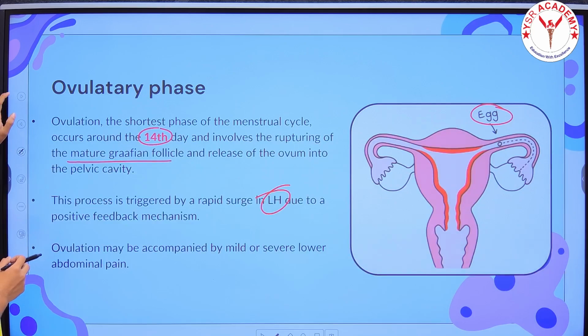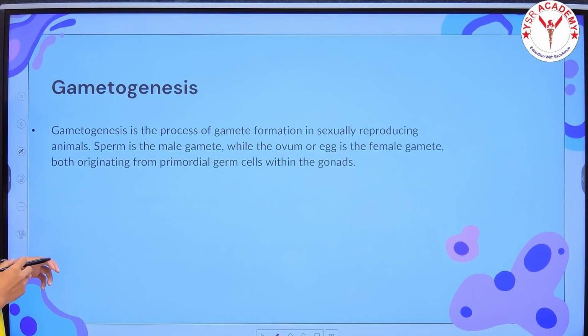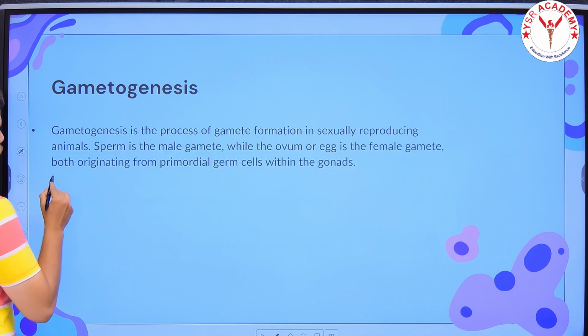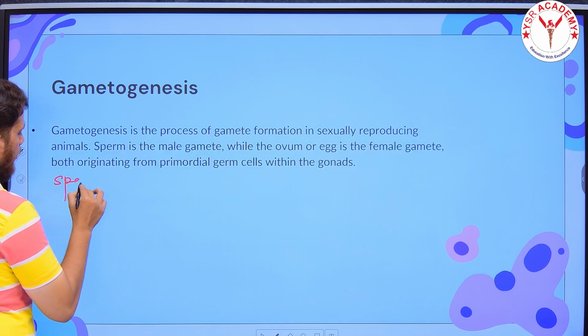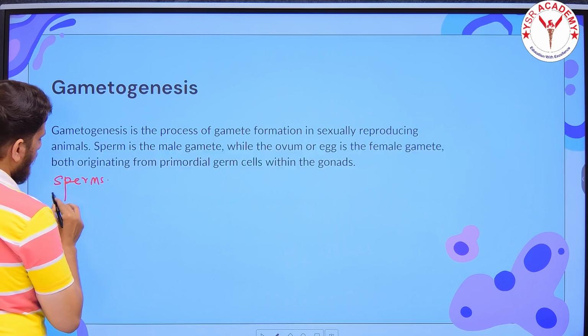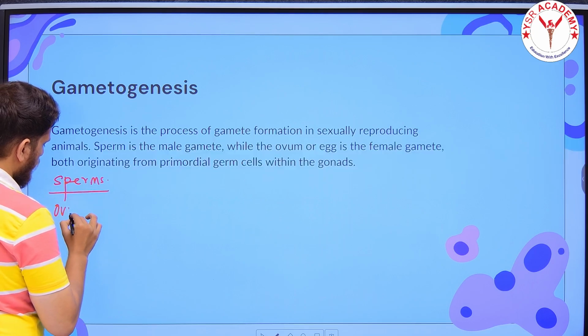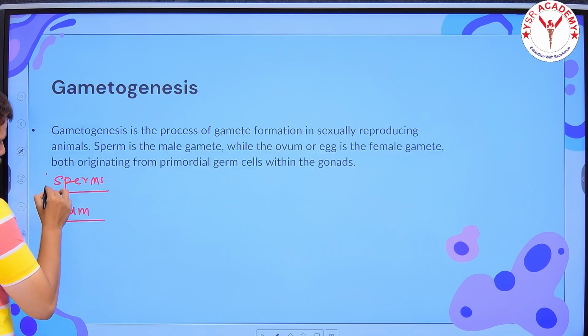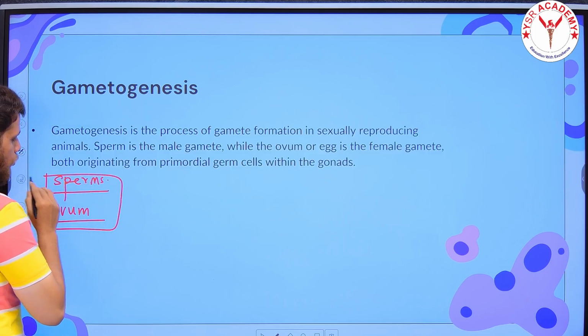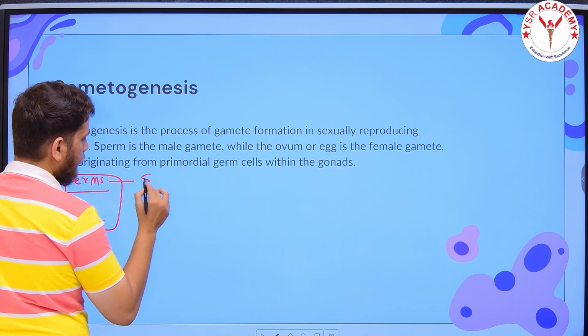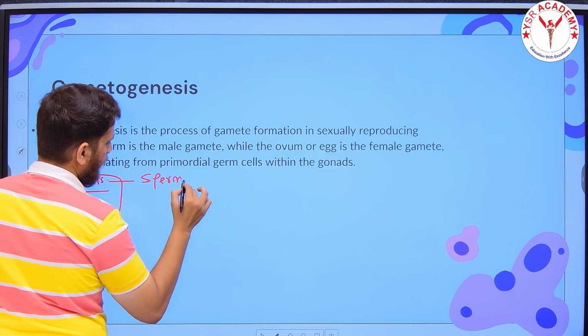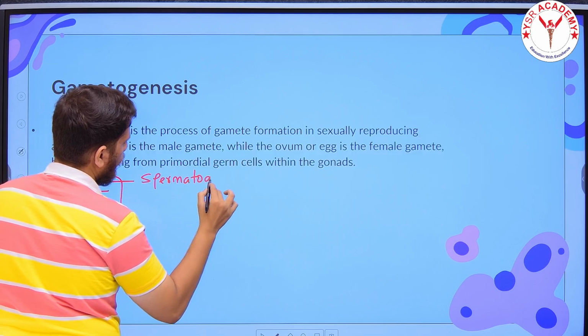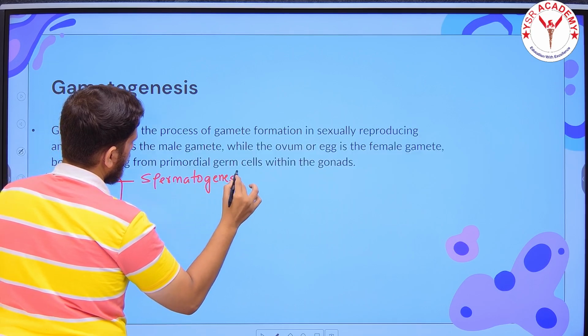Now students, when we talk about gametogenesis, it is the process of two things. One, we talk about sperm, and then we talk about ovum. When we talk about development of the sperm, it is called spermatogenesis.